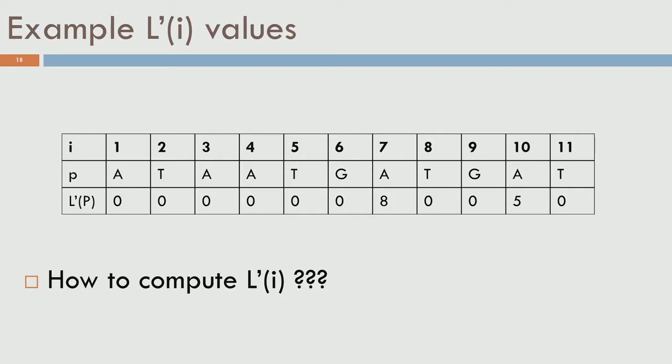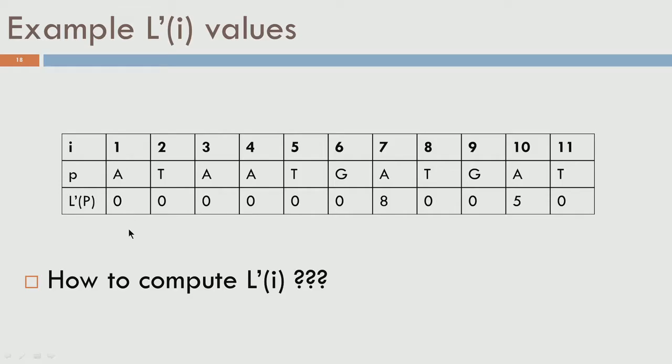So, let us look at the example case for L prime of I for a pattern P. Let us look at the L prime of 1. L prime of 1 essentially looks at the pattern starting from the first character up to the last character and asks for a preceding part of P that contains this whole thing as a suffix, and obviously that is not well defined.